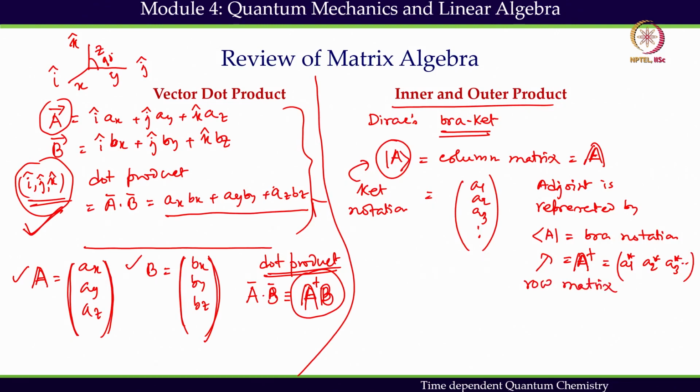So, this is represented by a row matrix. And when I say inner product, it is the bracket notation.